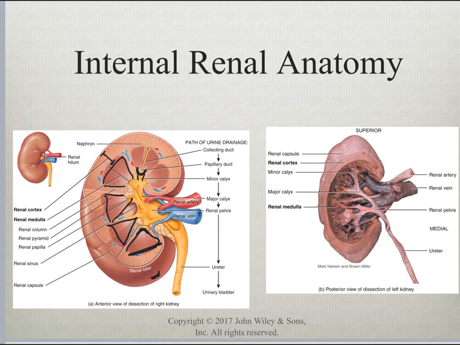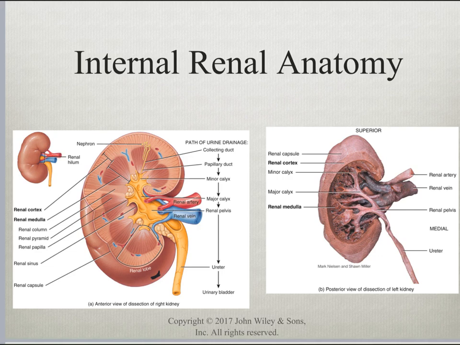From there, we enter into a series of funnels from small funnel to large funnel. This is where we're going to direct the path of urine and where it's going to drain into the ureters, into the bladder. So we start at our first funnel. Before we outline our funnels, let's go ahead and erase all the marks that we've done so far so we get a nice clear picture.